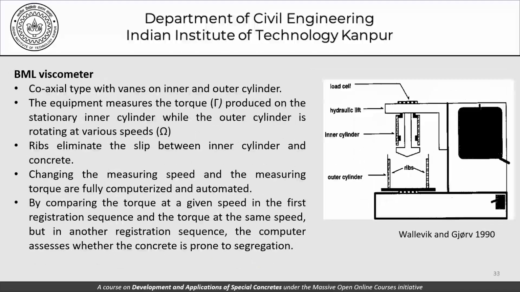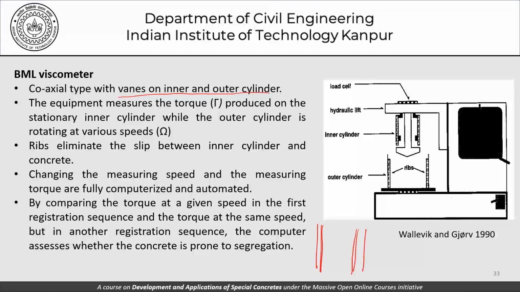As far as the BML viscometer is concerned, it's a coaxial type with vanes on the inner and outer cylinder. Please see that. To simplify the picture, let's put it this way. We have an outer cylinder here and an inner cylinder here, and we want to put the sample in between. It's not necessary that the walls of the outer cylinder and the inner cylinder are smooth.